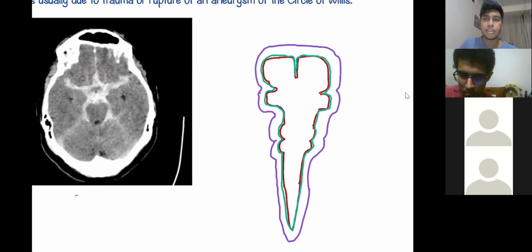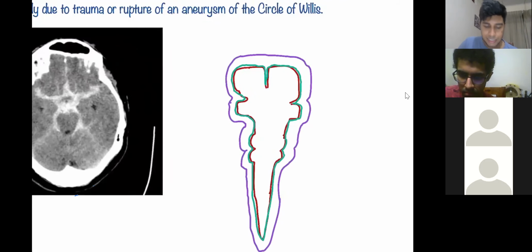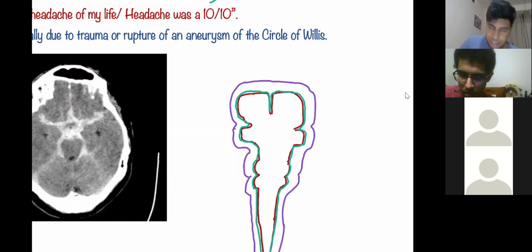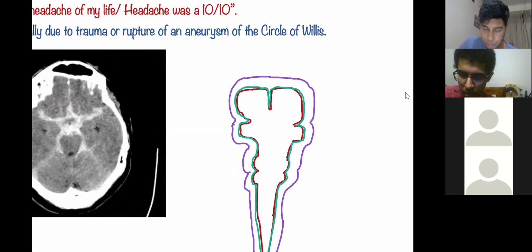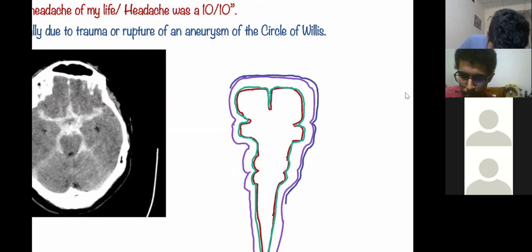Remember that. Dura mater loves the skull. It has a crush on the skull, but the poor arachnoid mater has a crush on the dura mater. Okay, it gets no response from the dura mater because the dura mater is in love with the skull.